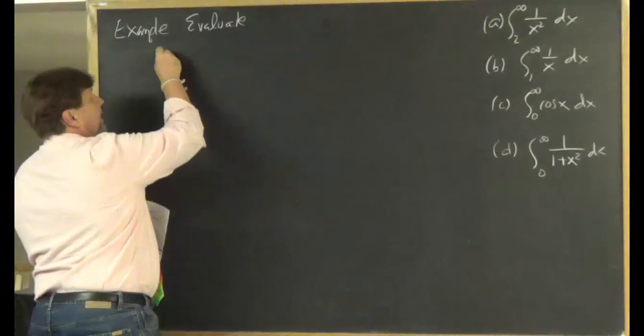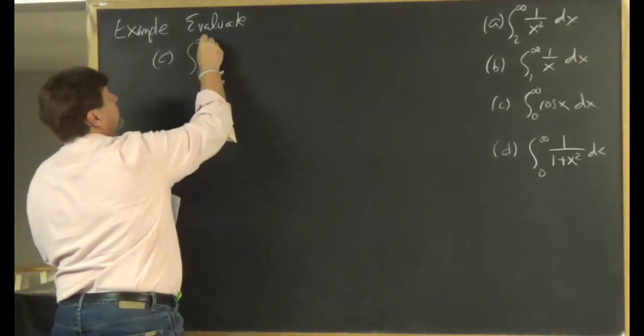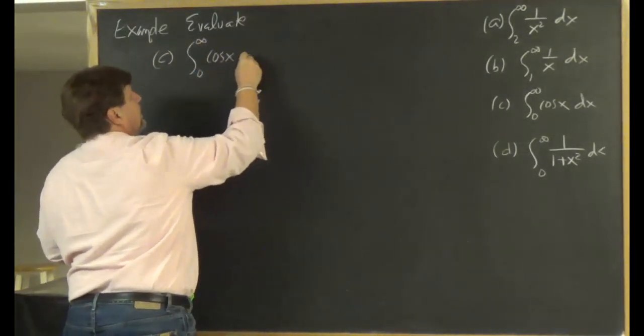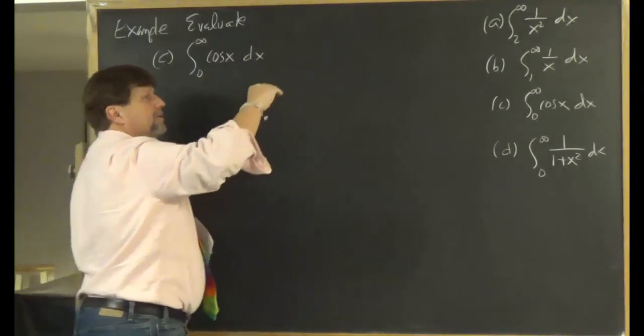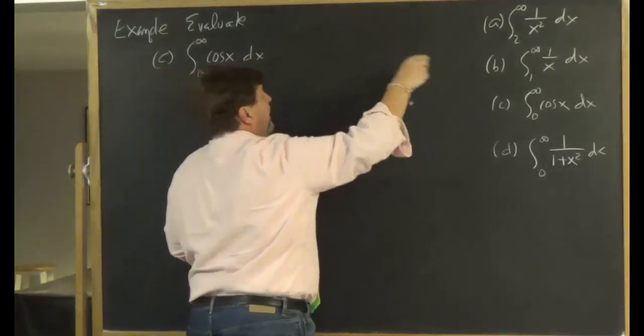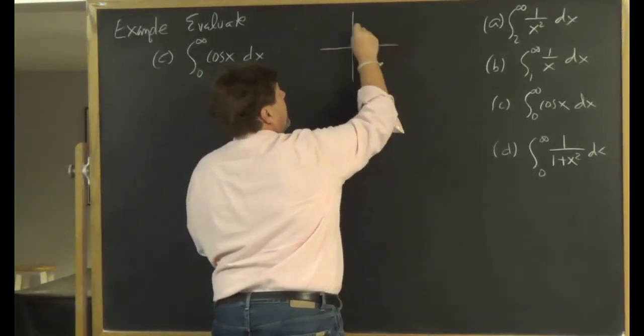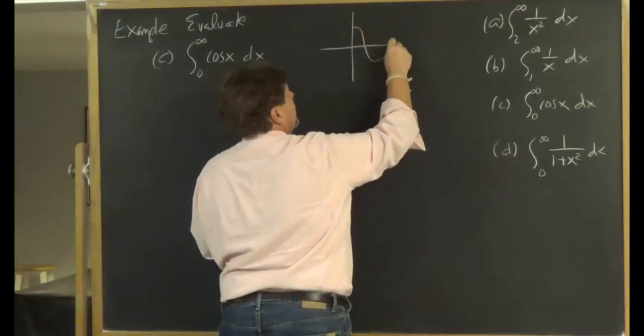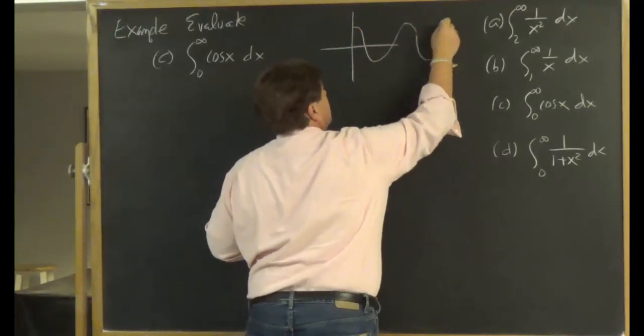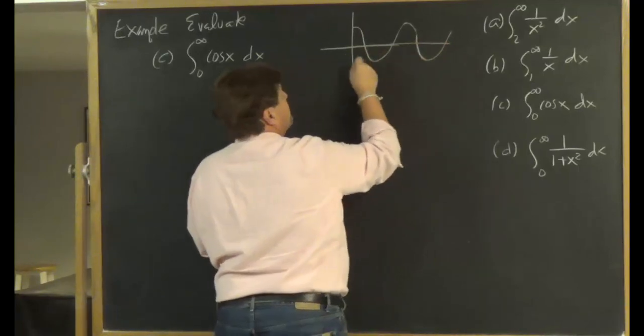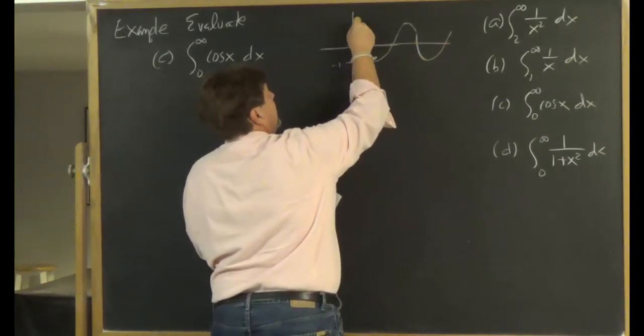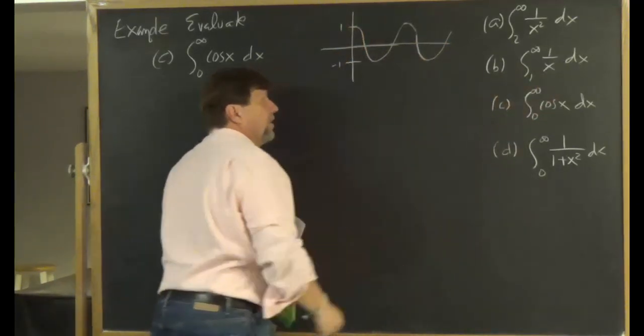And the reason why I'm saying that is because we know the graph of cosine x is a wave. It just keeps bouncing back and forth between -1 and 1 forever and ever.